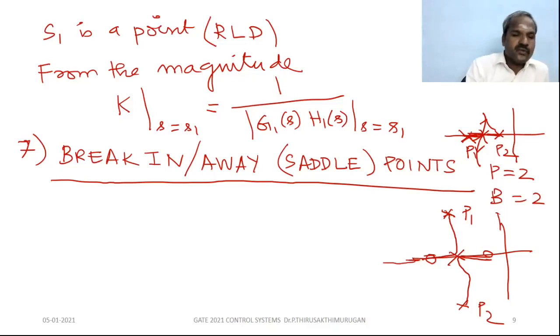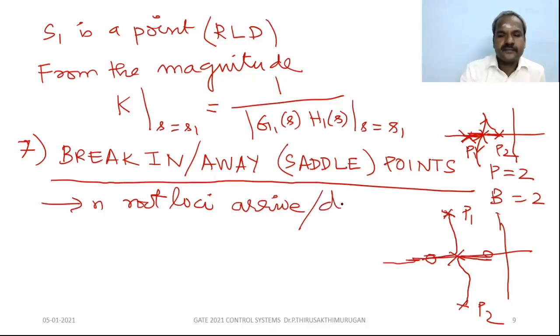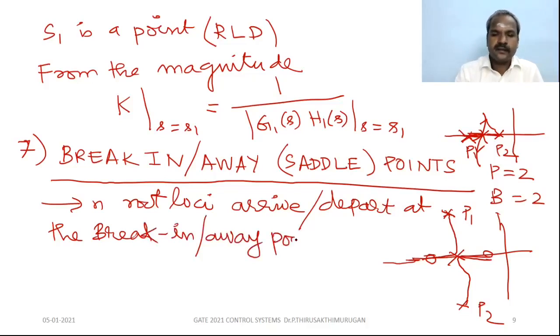En route loci arrive or depart at the breakaway point by an angle of 180 degree by n.